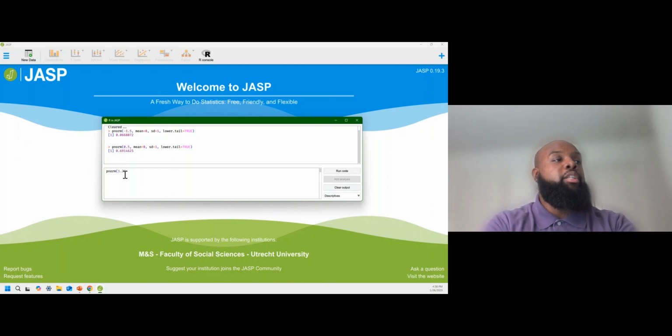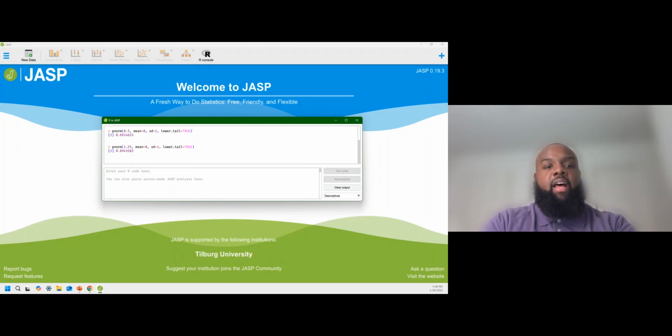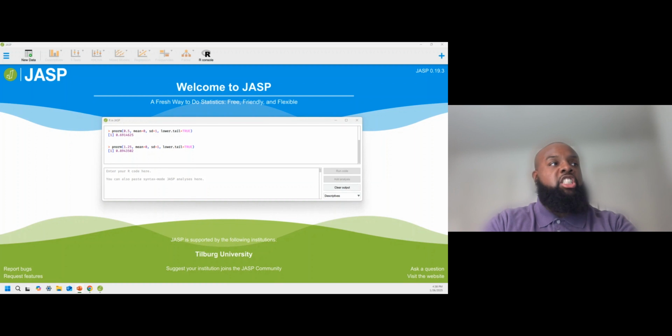If I do the same thing for Sarah, her z-score was 1.25. So I'm going to put 1.25 in for z. The mean equals 0. Standard deviation equals 1. And again, since we're talking about a percentile, we're going to have lower.tail equals TRUE. And if I look here, I'll see that the area under the curve to the left of 1.25 is 0.89 approximately.